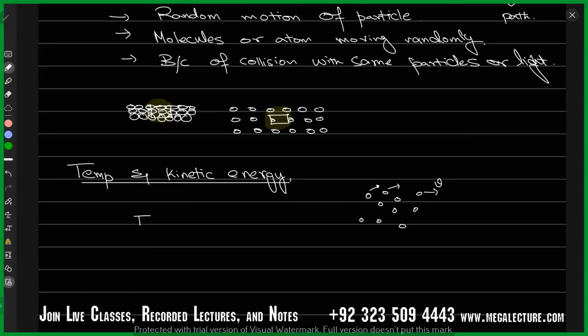So I just finished it with this, that the temperature in this way is directly proportional to the velocities of these particles. In fact, it turns out it is proportional to the square of the velocities of the particles. We'll not go into the very deep mathematics of this, but you see that this means that temperature is essentially proportional to the kinetic energy of these particles.